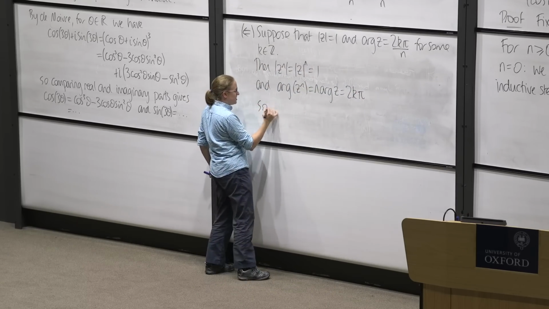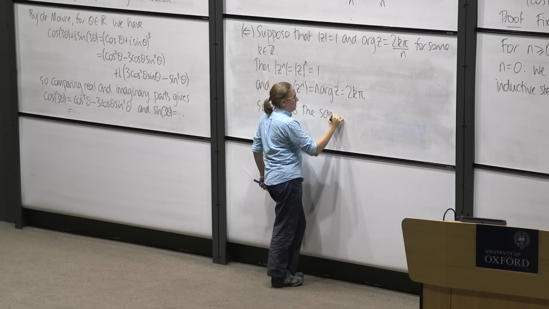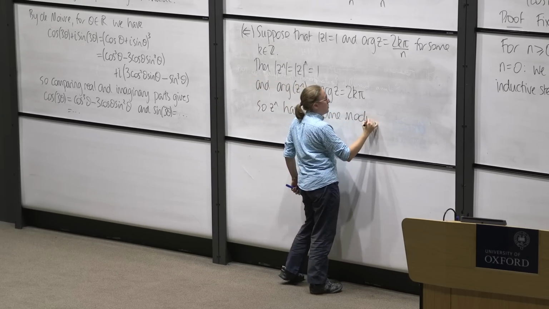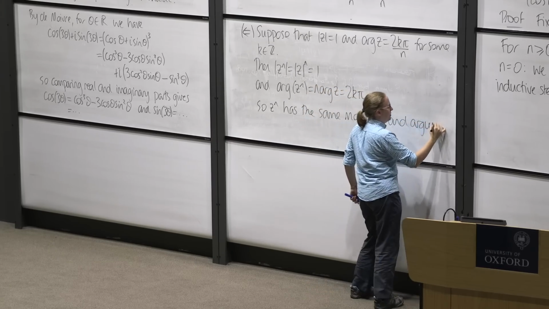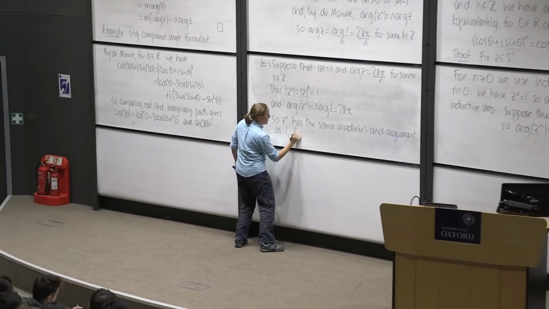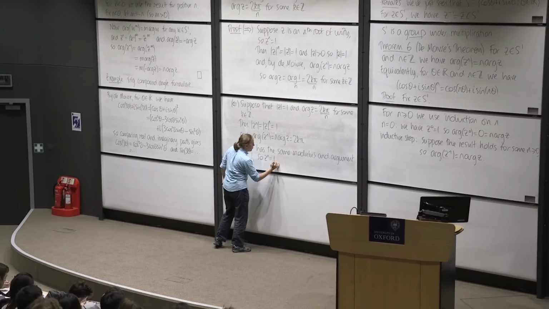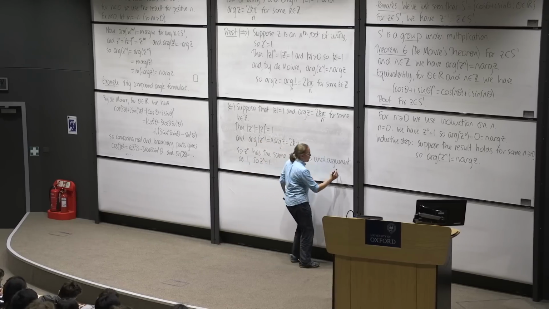It's telling us that z to the n has the same modulus and argument as 1. So in fact, z to the n is equal to 1, so z is an nth root of unity. And that finishes our proof.